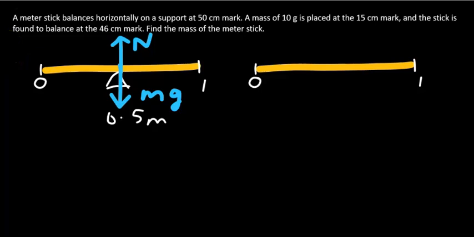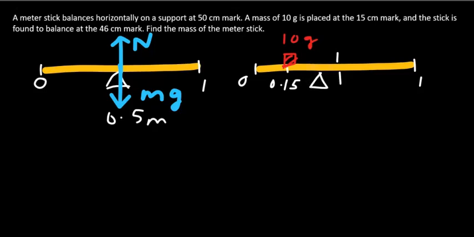What that means is, if you place a mass here, the mass is 10 grams, and the point at which this mass is placed is the 0.15 meter mark, like that. It is found that the balancing point moves slightly to the left.